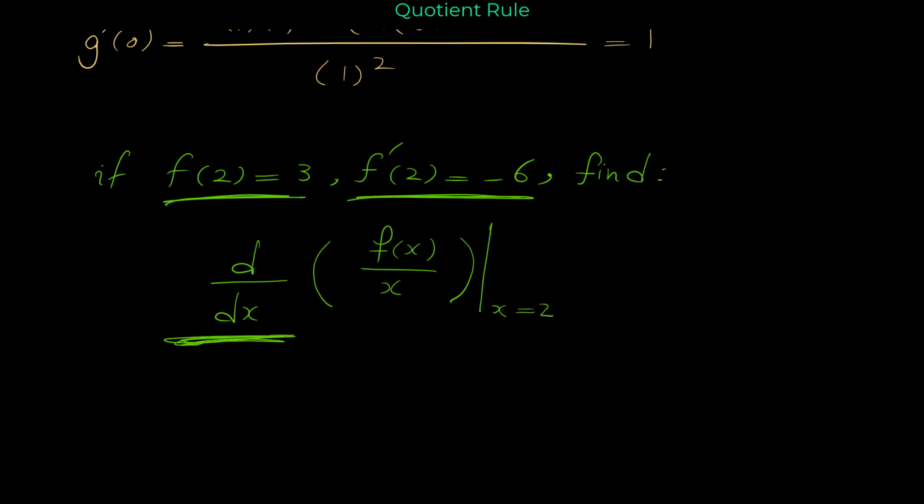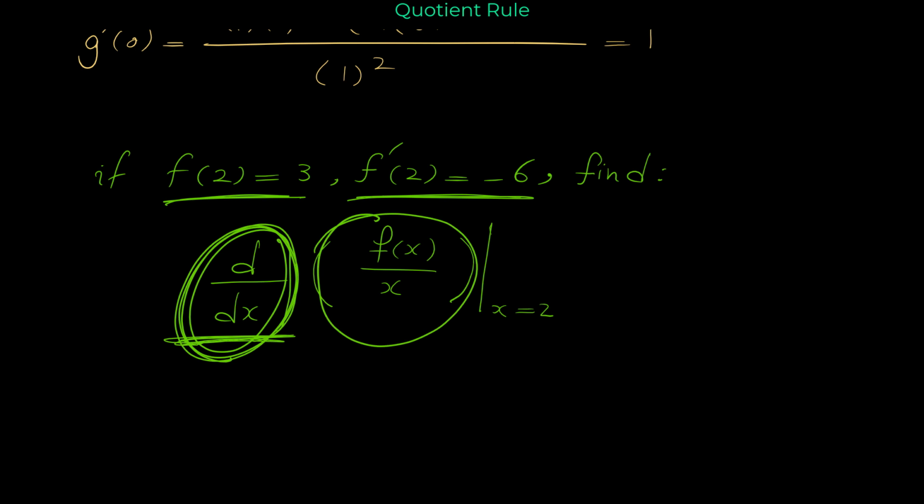So we want to find, attention, this notation is one that we sometimes use for showing the derivative of something. When we have this notation outside of a bracket, this means take the derivative of that bracket and then substitute this number for x. So this is just a notation for derivative.